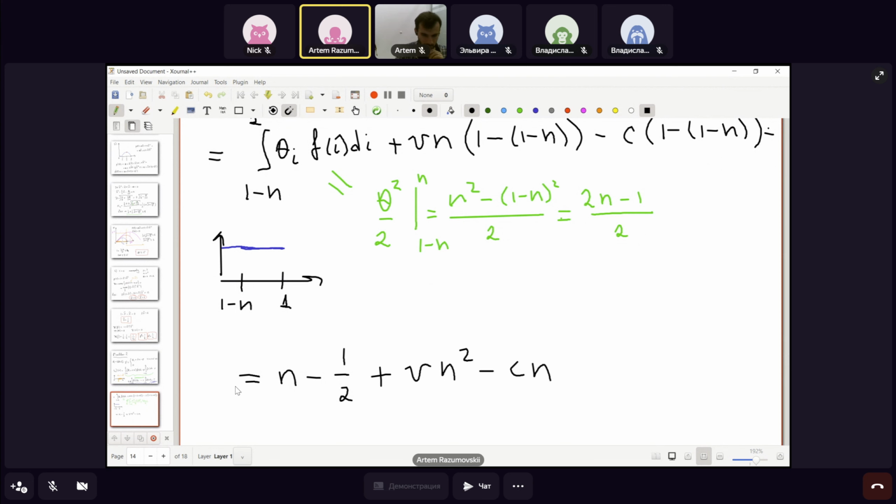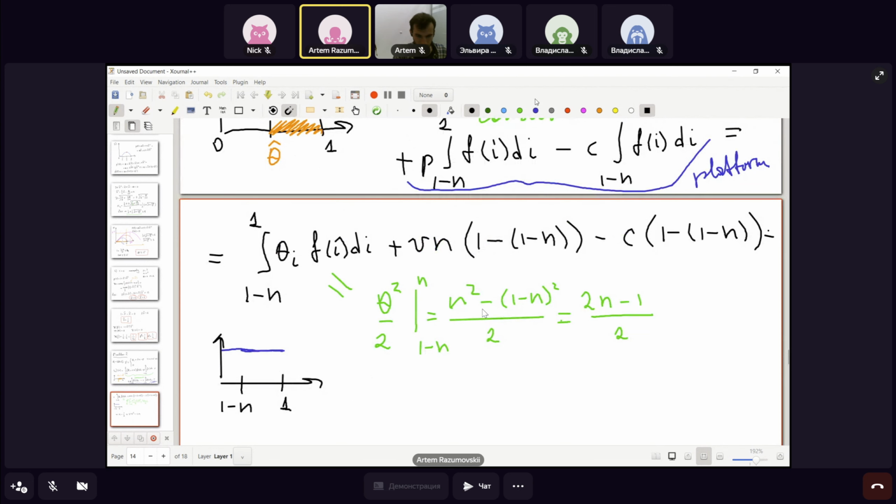Oh yeah, one mistake here. Sorry guys, here it's supposed to be from 1 minus n to 1, right? And then here will be 1 squared.